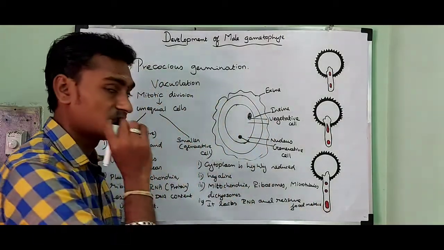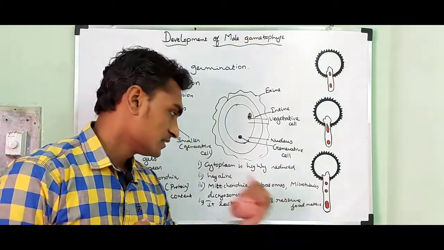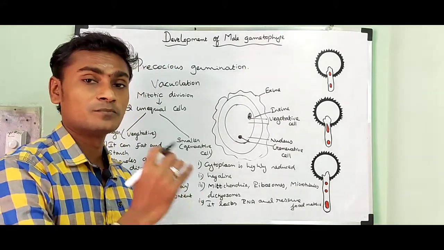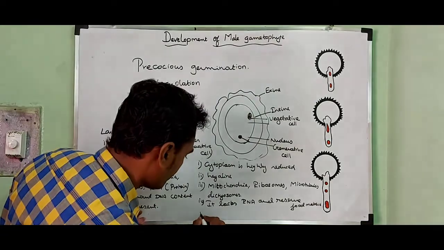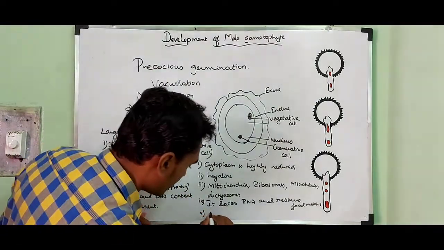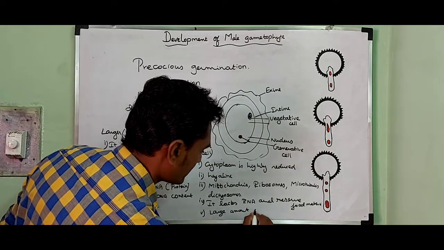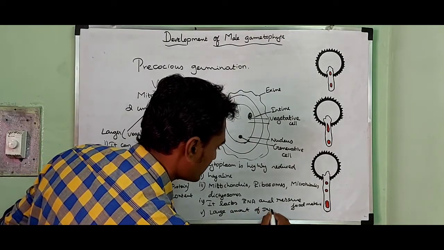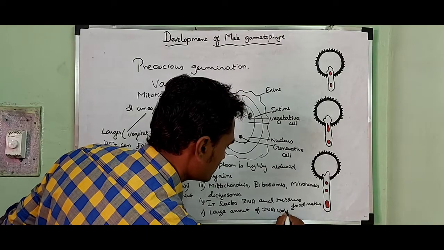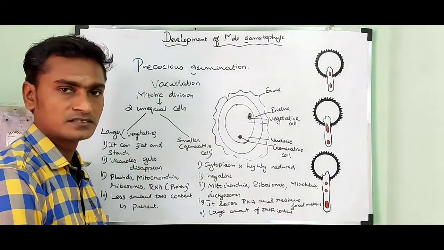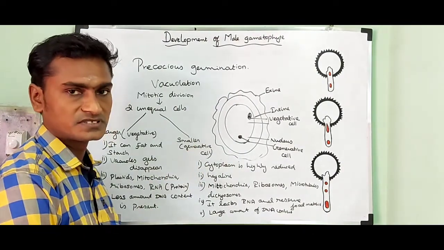So what will the generative cell not have? RNA content will not be there, reserve food material will not be there. And it contains a high amount of DNA content. It contains a large amount of DNA content. Okay? So this is the major difference between vegetative cell and the generative cell.